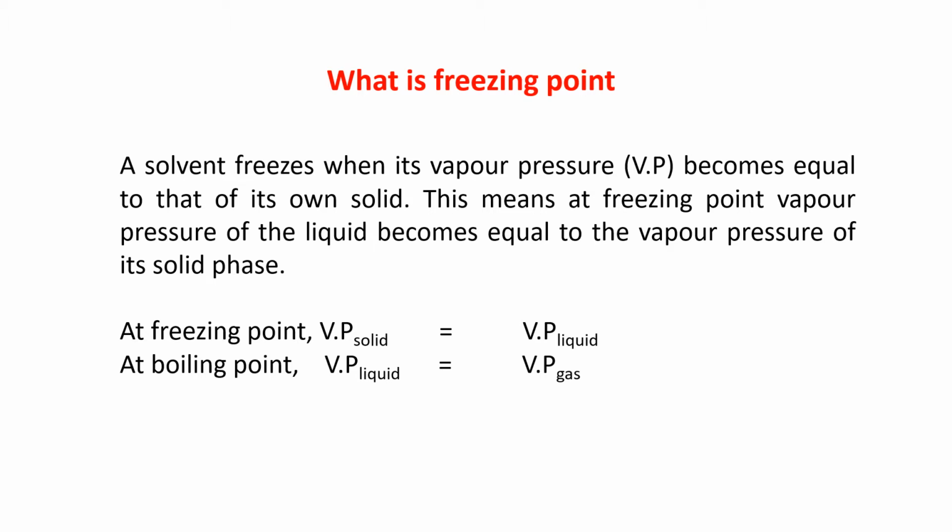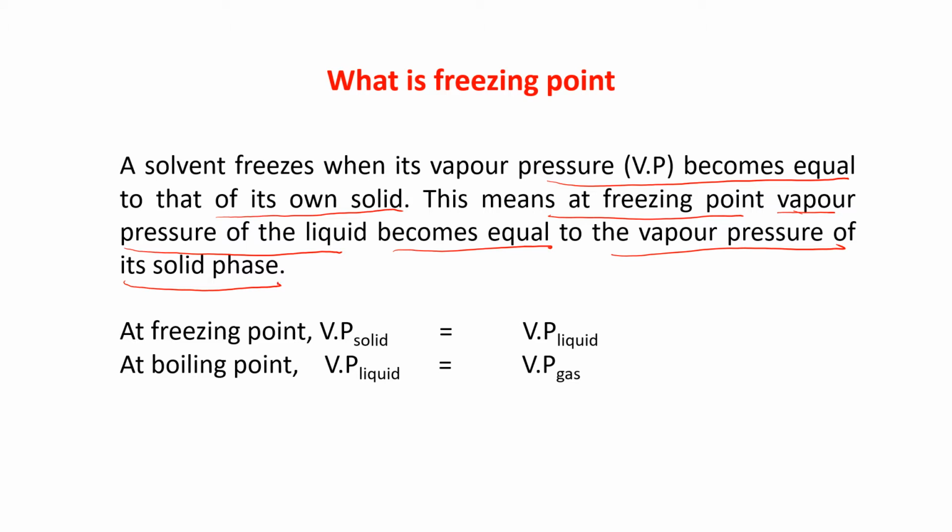What is freezing point? A solvent freezes when its vapor pressure becomes equal to that of its own solid. What does it mean? This means at freezing point, vapor pressure of the liquid becomes equal to the vapor pressure of its solid phase.